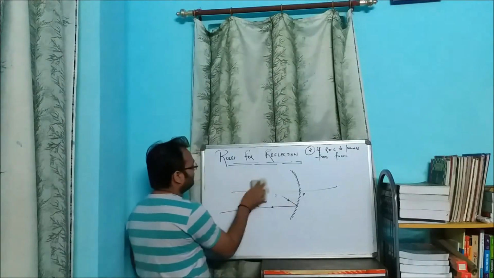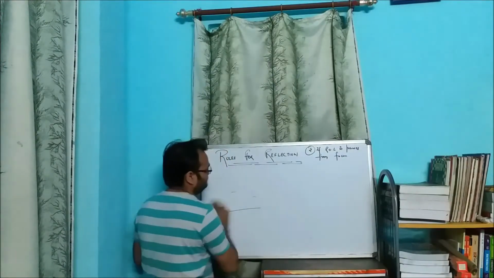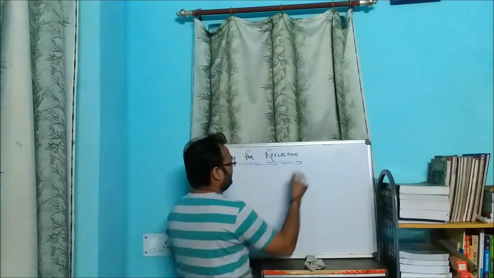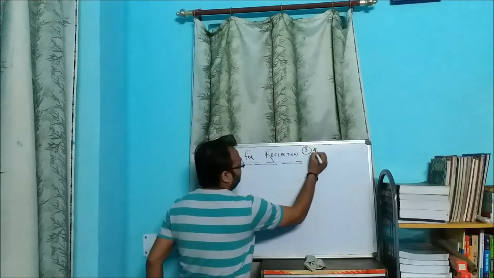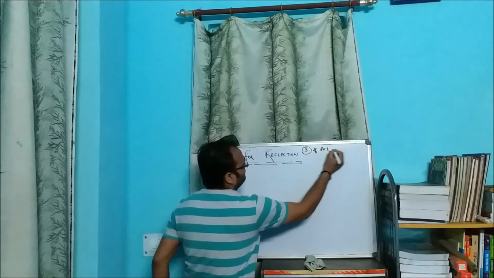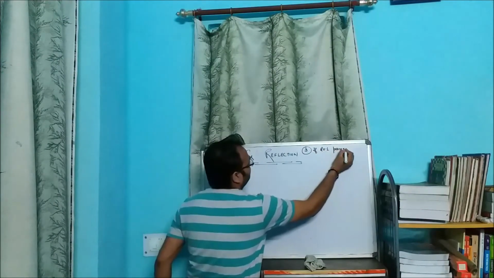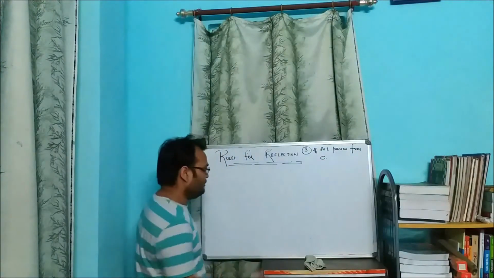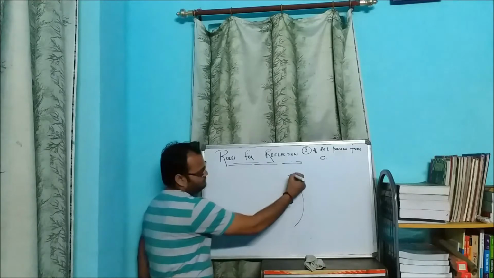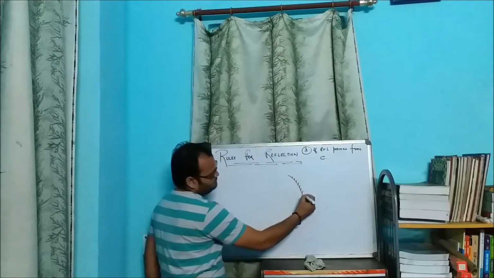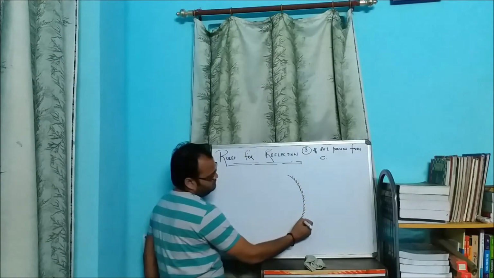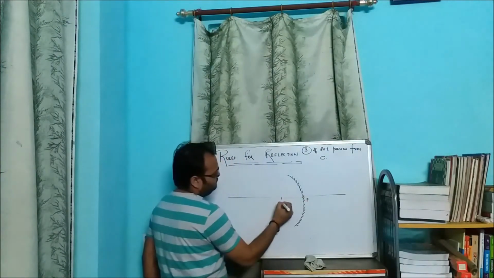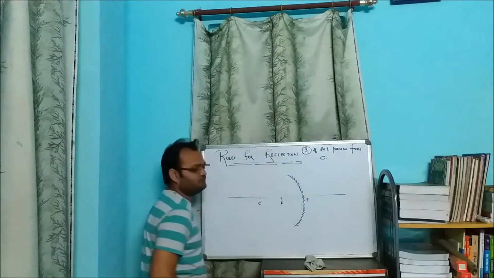Now over to the third rule. If a ray of light passes from the center of curvature, for example, this is the mirror. Principal axis, pole, focus and center of curvature.